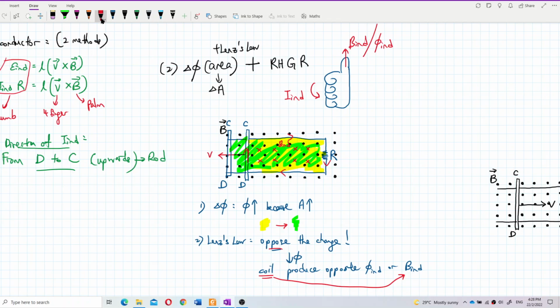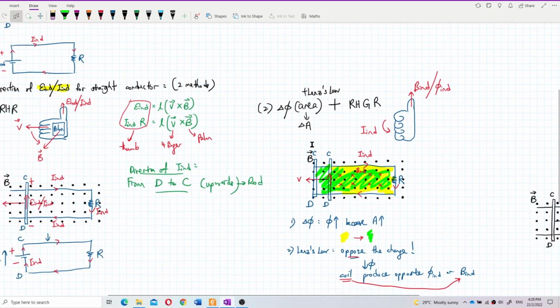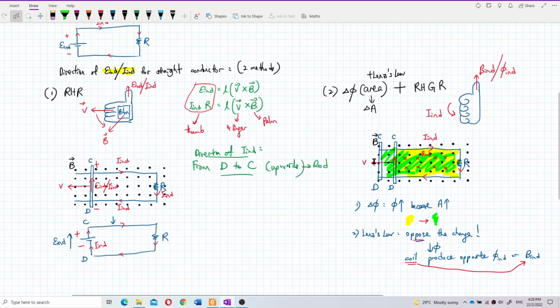Is it the same direction as I predicted in the first method? Clockwise also? Yes. The first method found the induced current is clockwise. The second method also found my induced current is clockwise.